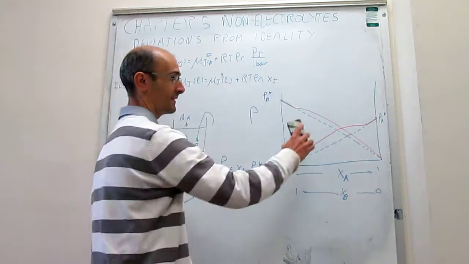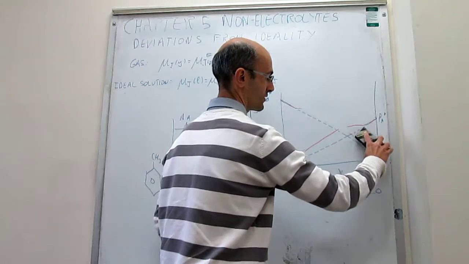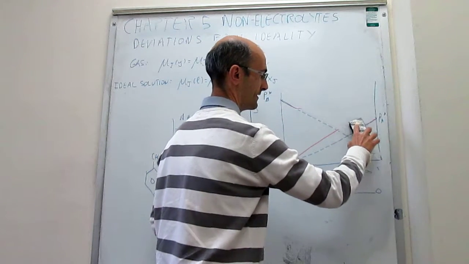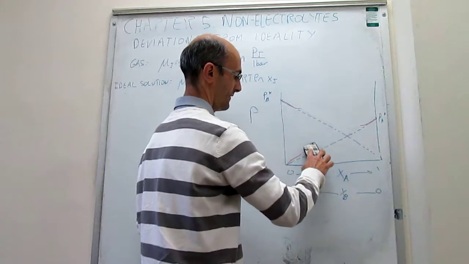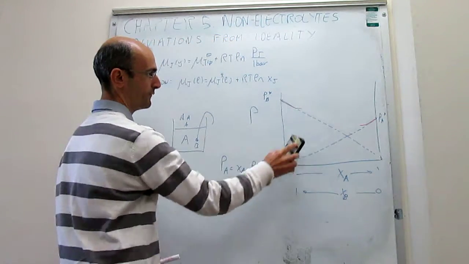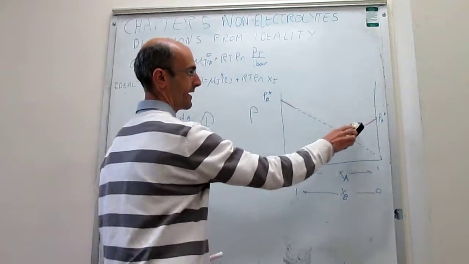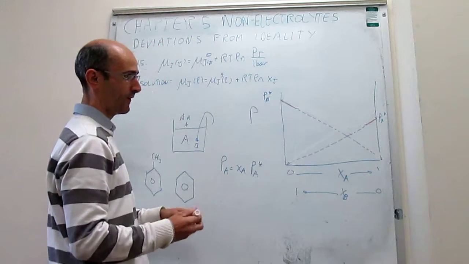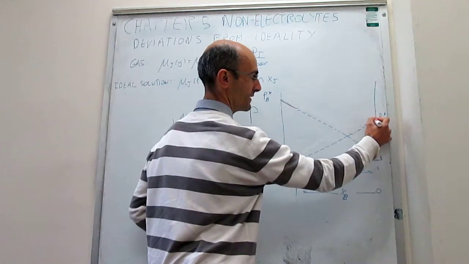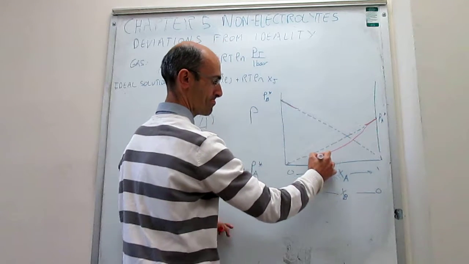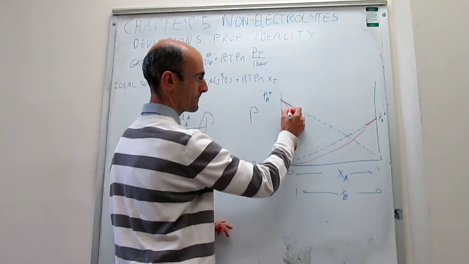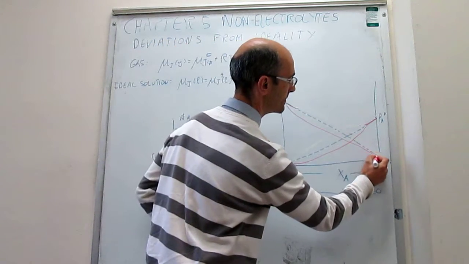Analogously, you will have a negative deviation, in which the lines of the vapor pressure that you measure in the experiment fall below what you have for Raoult's law. So this would be a negative deviation, that one and this one.